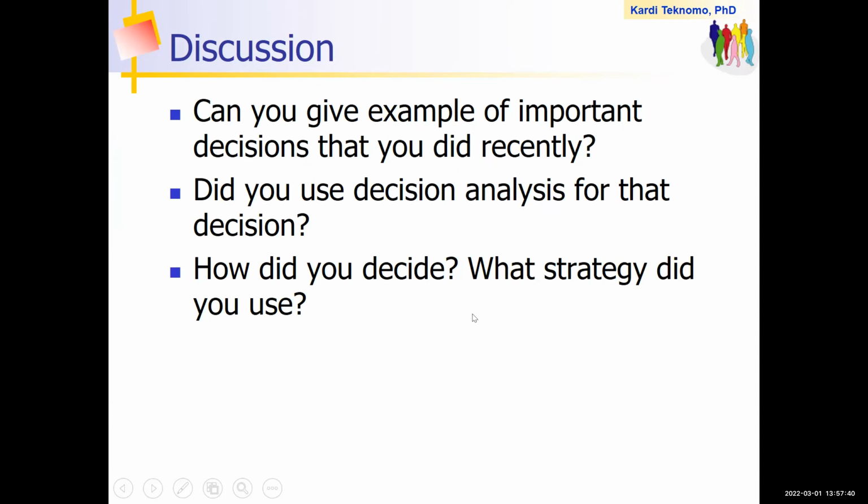Can you give an example of an important decision that you made recently? Did you use decision analysis for it? If not, how did you decide, and what strategy did you use? Tell me first.